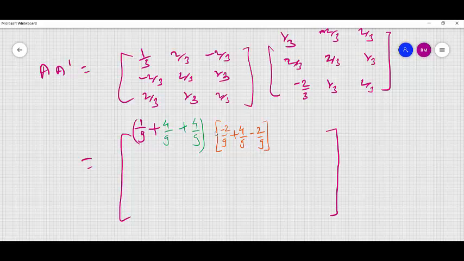Now what may be the third entry? First row, third column of the second matrix is 2 by 9, first entry, 1 by 3 into 2 by 3, plus 2 by 3 into 1 by 3, 2 by 9, minus, so plus minus of 2 by 3 into 2 by 3, meaning minus 4 by 9, like this way.